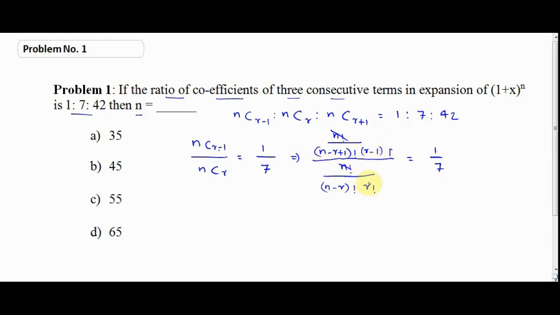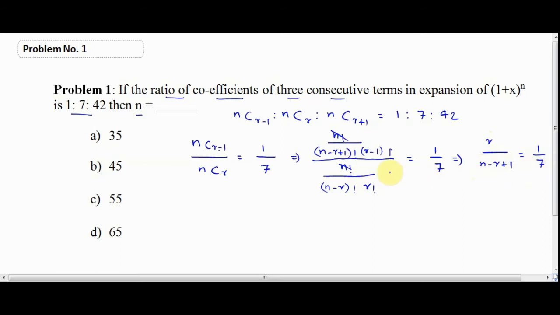When you cancel (r - 1) factorial from these two, you will get r here. So once you simplify this ratio, we get it as r divided by (n - r + 1), and that is given to be equal to 1/7.